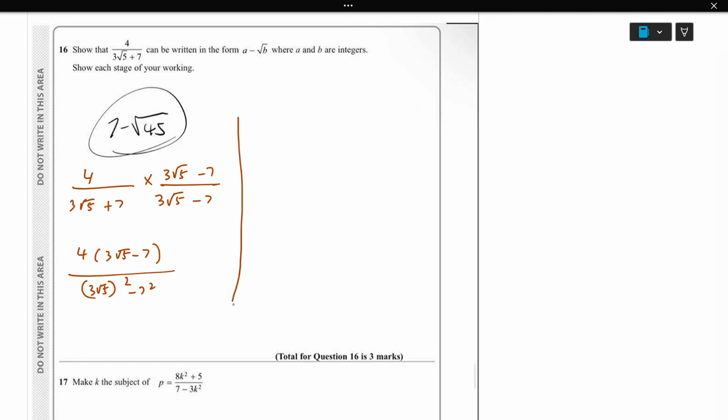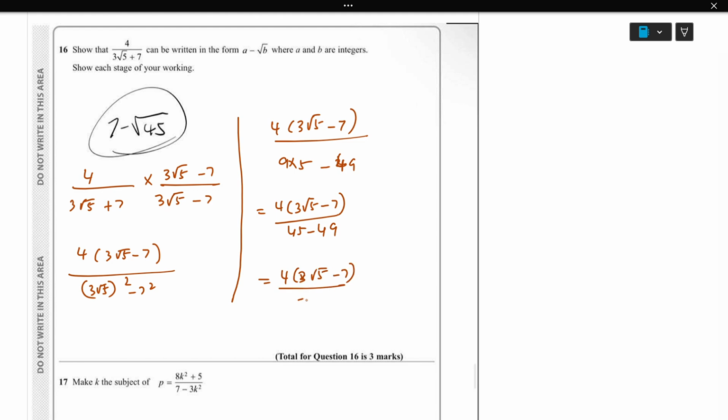So it's 4 times 3 root 5 minus 7 over 9 times 5 minus 49. Next step, 4 into 3 root 5 minus 7 over 45 minus 49, which is 4 into 3 root 5 minus 7 over negative 4.